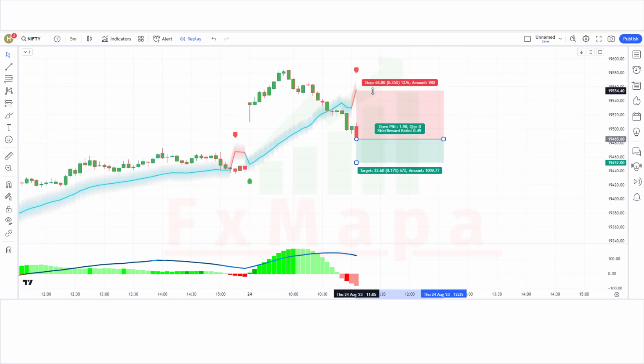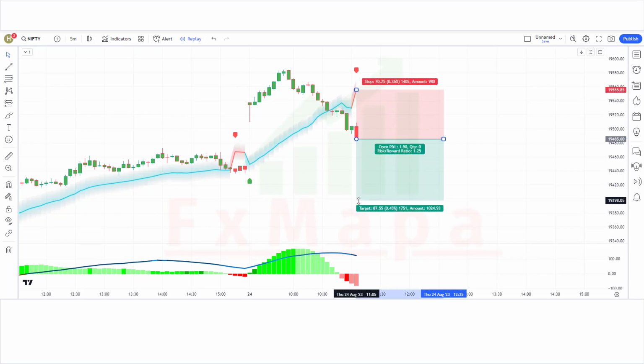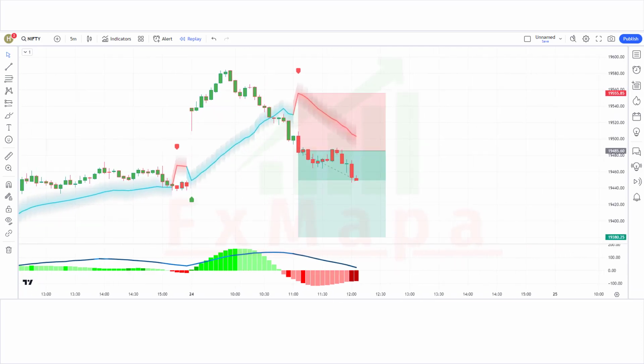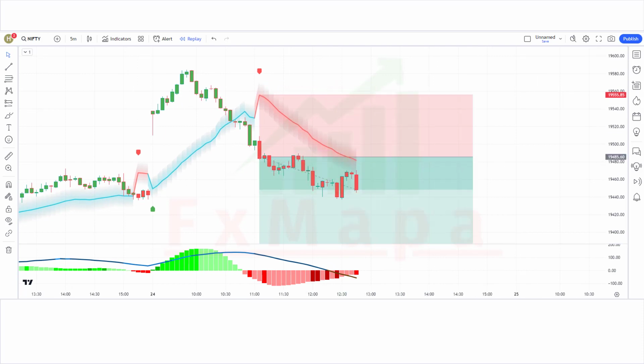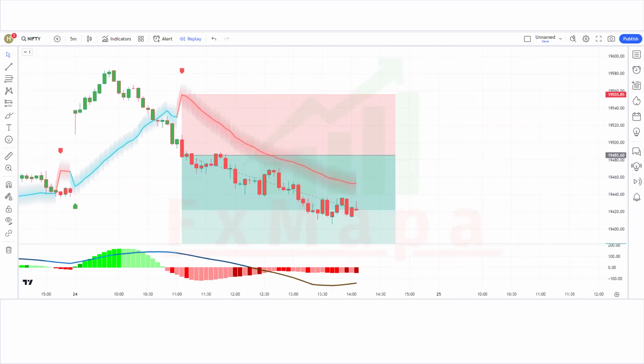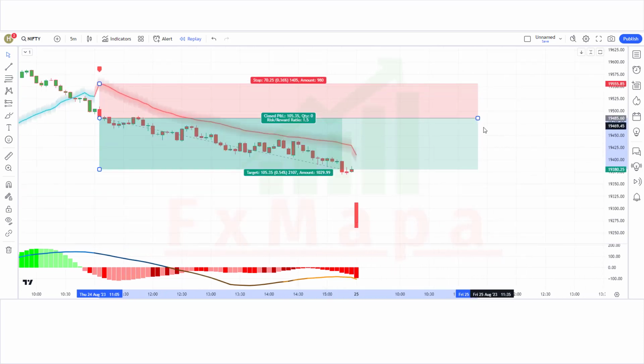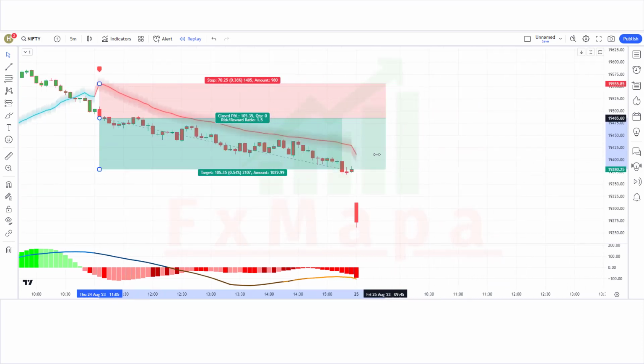Our stop loss will be placed at the red Trend Sniper line, and the risk to reward ratio will be 1:1.5. The market has completely hit the target.